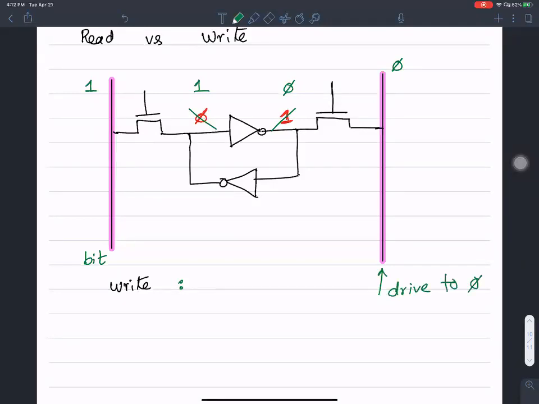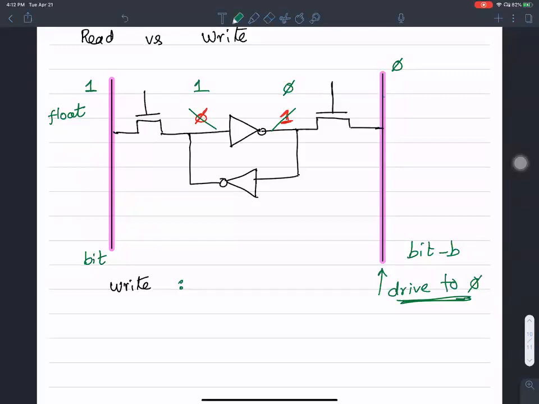When you drive the bit bar line to 0, not float, this guy is floating, but this guy is driving. The difference between floating and driving is when you charge a capacitance to VDD and leave it floating, then that is floating.